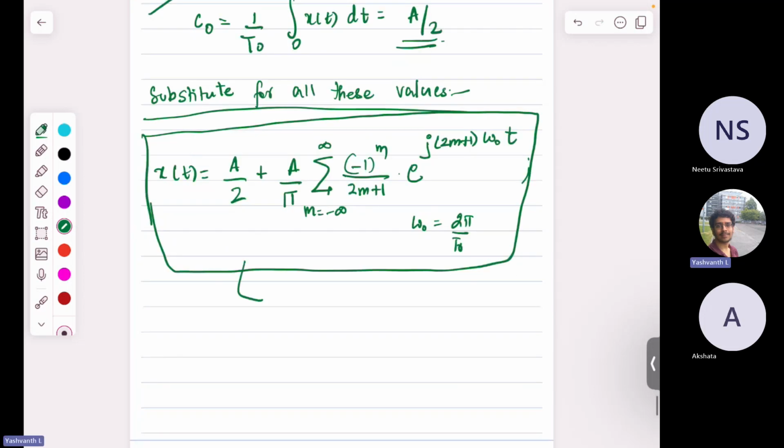This is basically your complex exponential Fourier series.